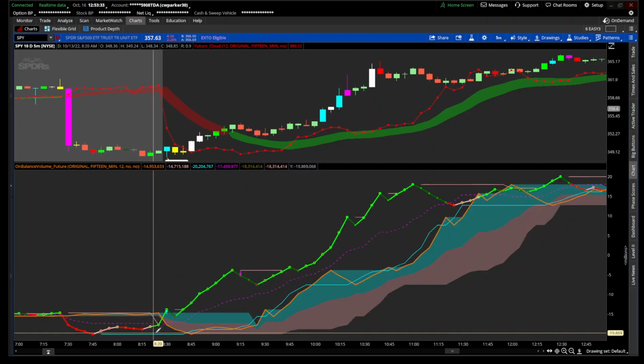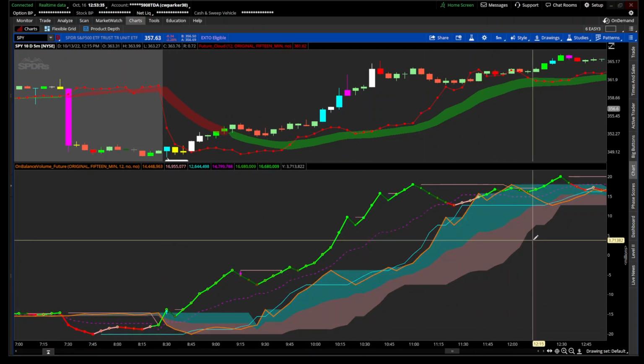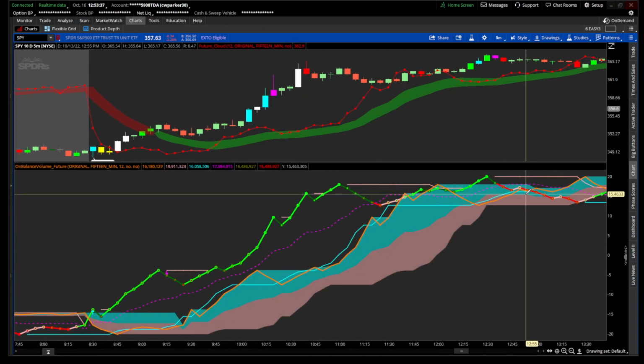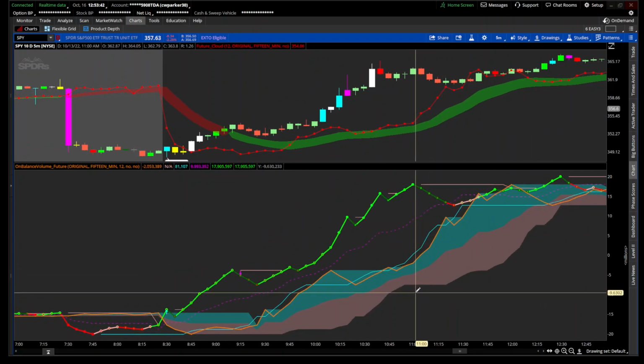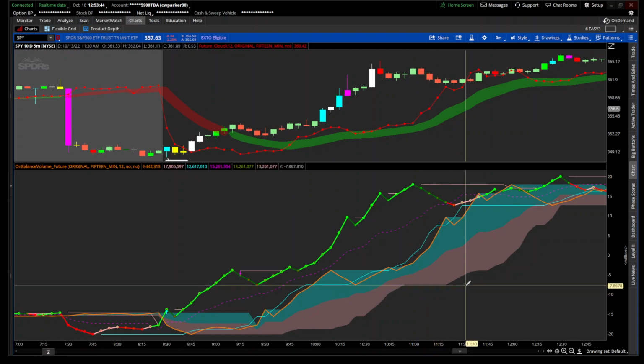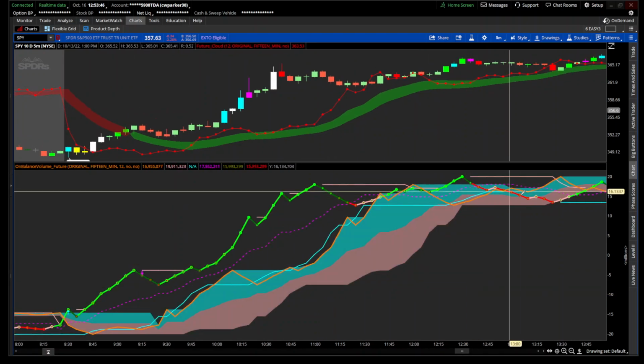Same situation with this blue line. If unbalanced volume breaks below it, it'll go away, like right here, showing you that the unbalanced volume is making new lows for that period of time.